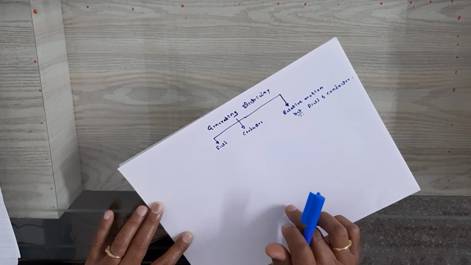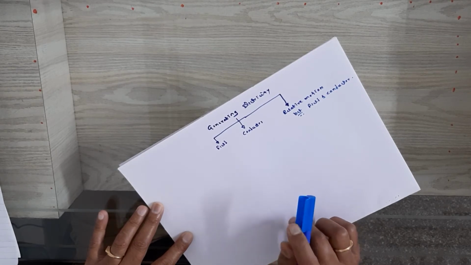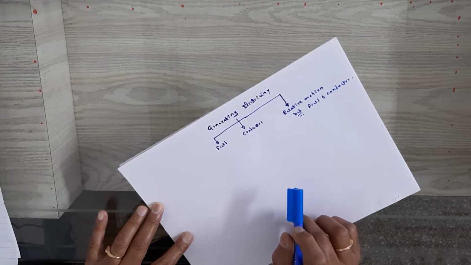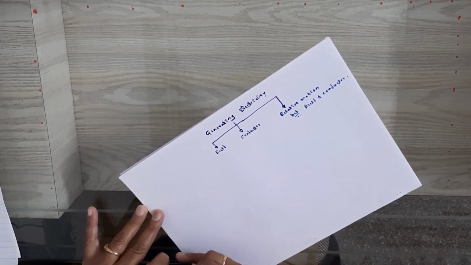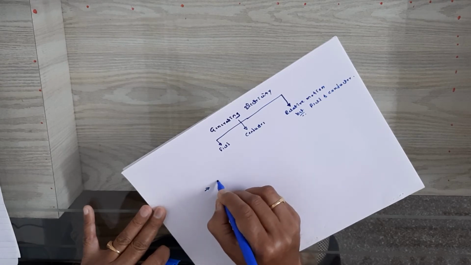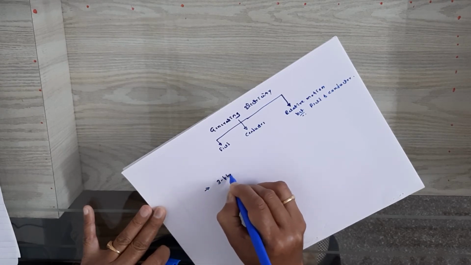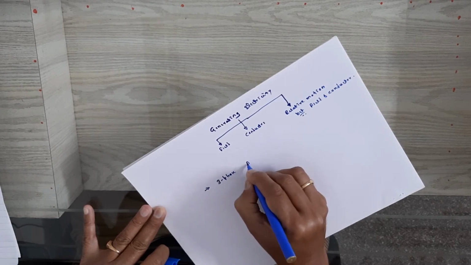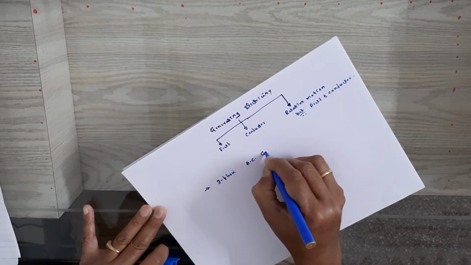The same principle is used in the three-phase alternator. That is, the machine which generates electricity in AC is called an AC machine, that is called a three-phase AC generator.